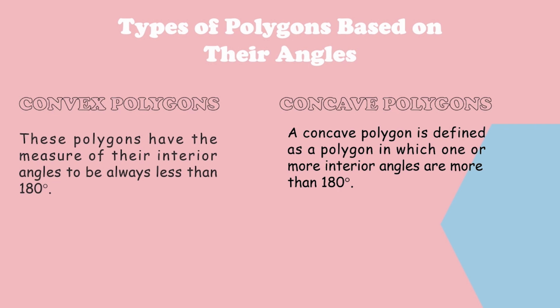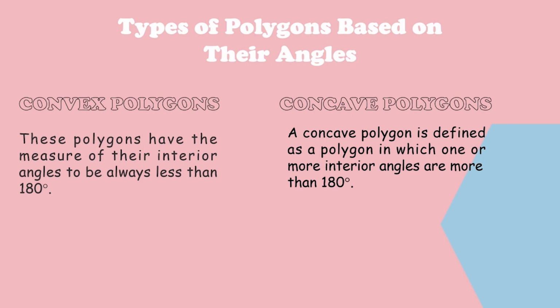So these are the convex polygons and the concave polygons. Convex polygons have interior angles whose measures are always less than 180 degrees. It means that when the interior angles of a polygon are less than 180 degrees, it's called a convex polygon.